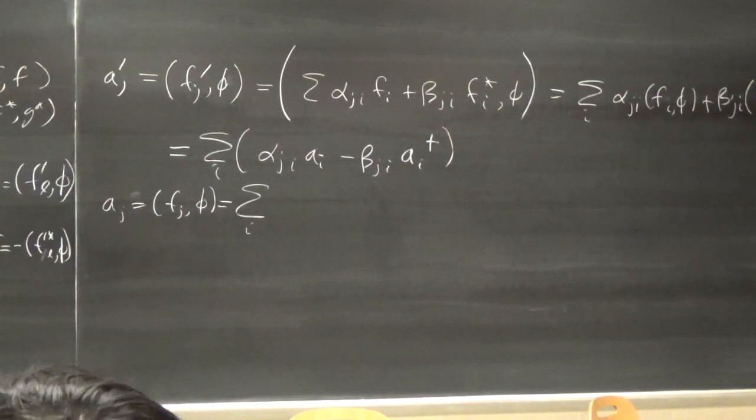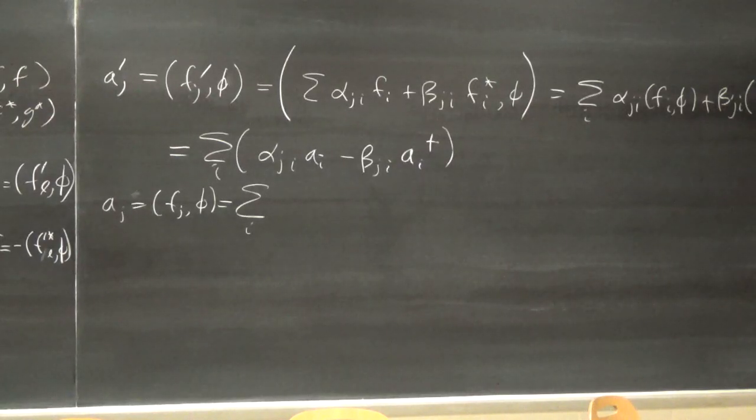Notice here that this alpha JL is equal to FL F prime J. All right, never mind. I was going to say something, but what's bothering me here is that this star here and no star there and beta here and beta there. It's a little bit puzzling. I hope I've got everything correct here.